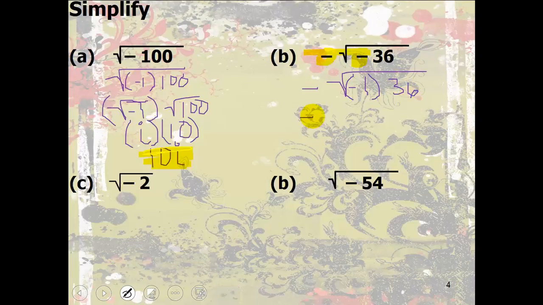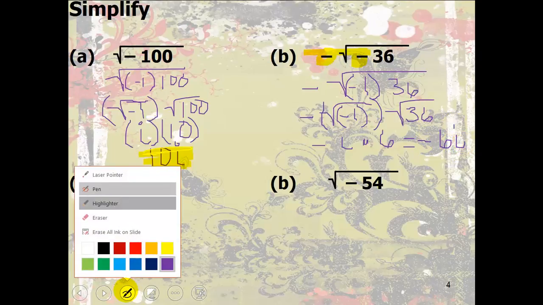Then I write this as the square root of -1 times the square root of 36. And then I have i times 6, so I get negative 6i. And this is my final answer.